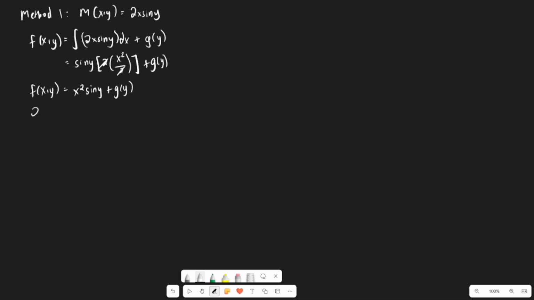Now the next step would be to get the partial derivative of this function f with respect to whatever variable is in the function g. So we'll have the partial derivative of f with respect to y. So this is phi of m, as a correction, since we have multiplied phi to m and n, or to the whole differential equation. So the partial of f with respect to y is basically the partial derivative of this with respect to y.